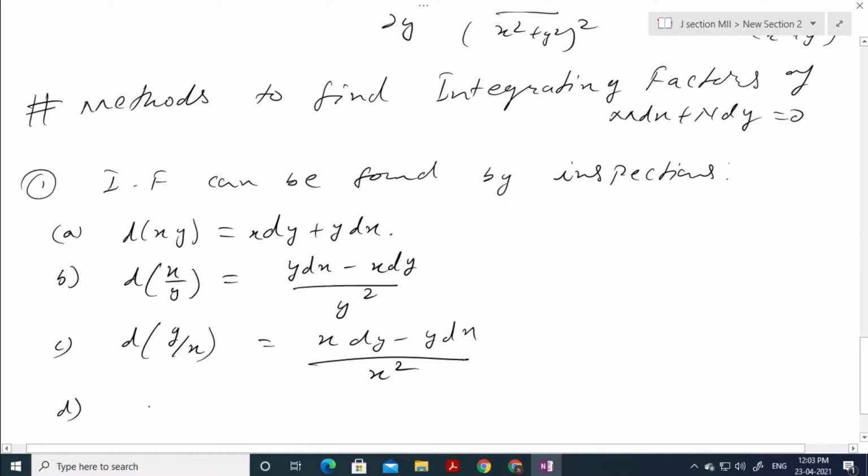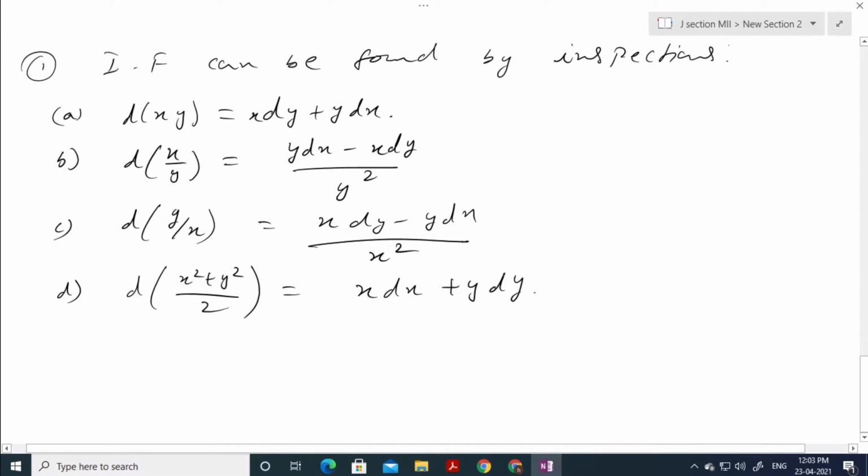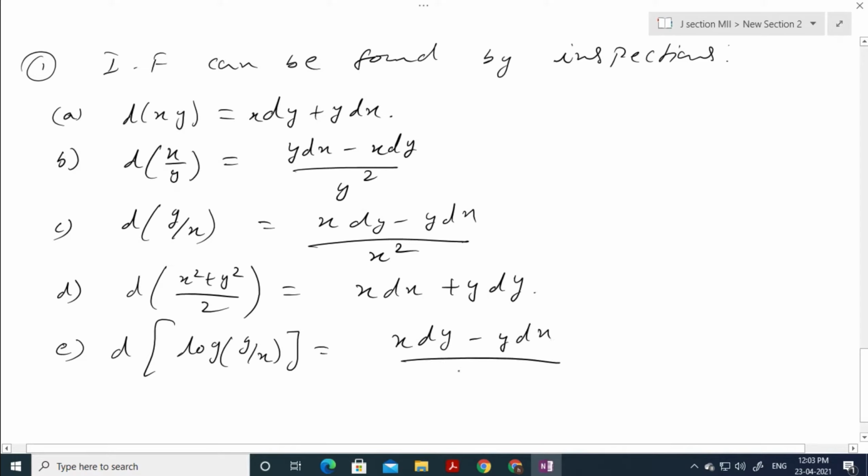Okay, the next one, d of x square plus y square by 2. This is nothing but x dx plus y dy. So directly on integrating, what will you get? x square by 2 plus y square by 2 only. So that is nothing but d of x square plus y square by 2. Then next, d of log of y, that is nothing but x dy minus y dx by x into y.